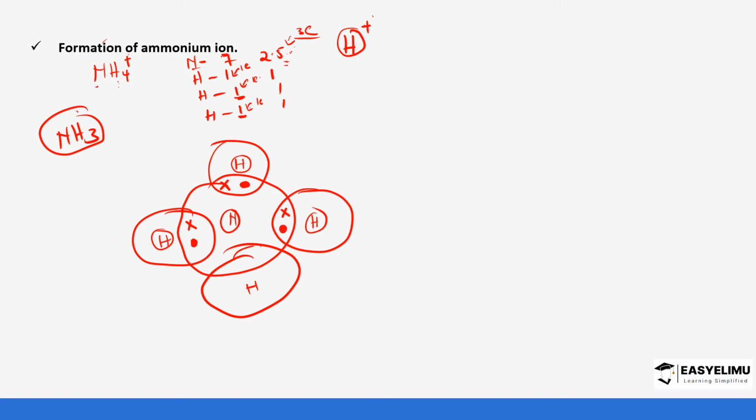You notice when nitrogen shares these 3 electrons, it has 2 electrons remaining. We call this a lone pair of electrons. These two electrons are not left like that. They can still be used to contribute to a bond, which we now call the coordinate bond.